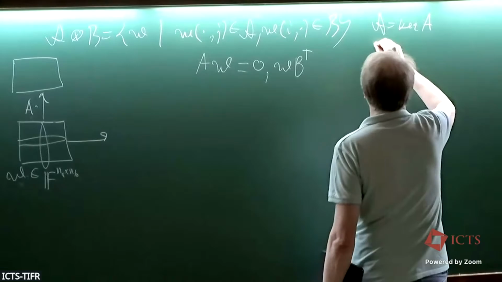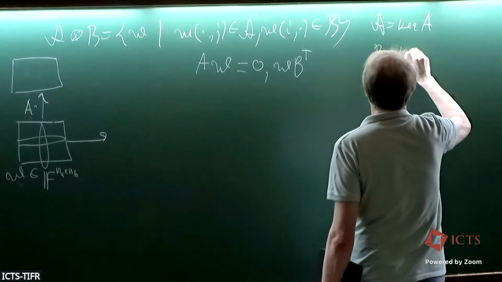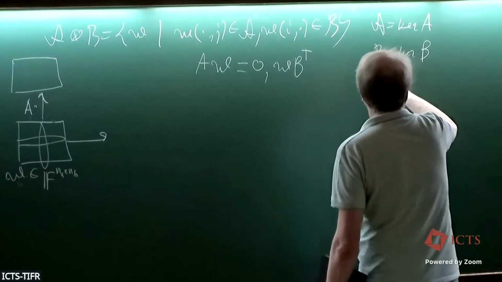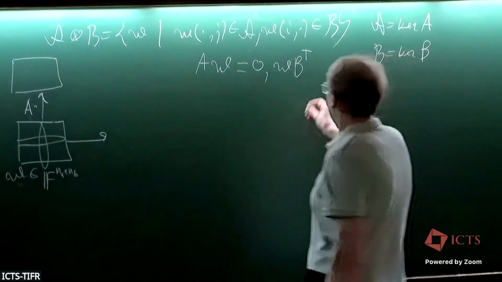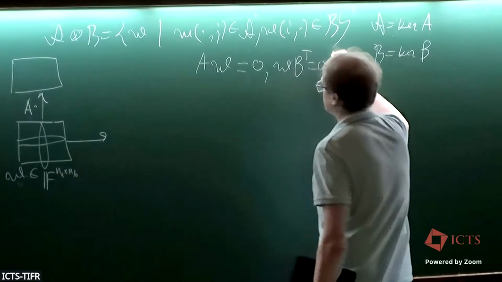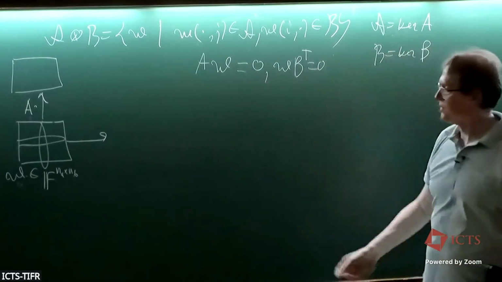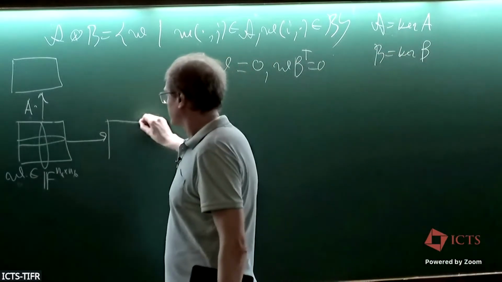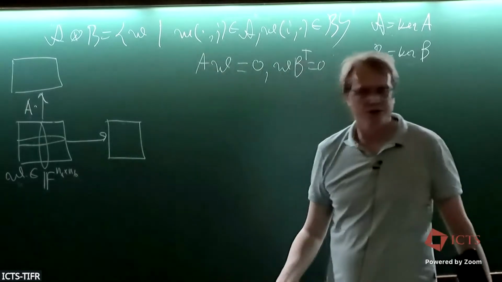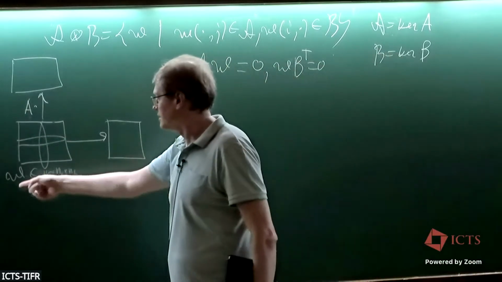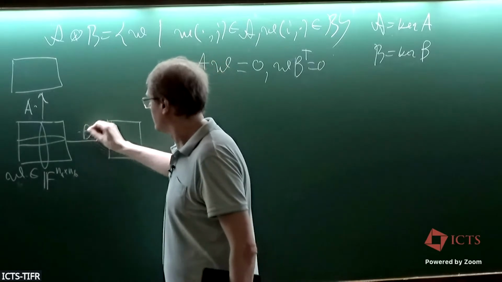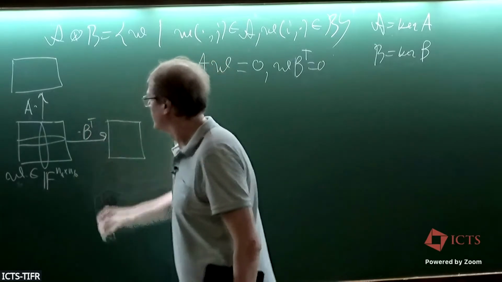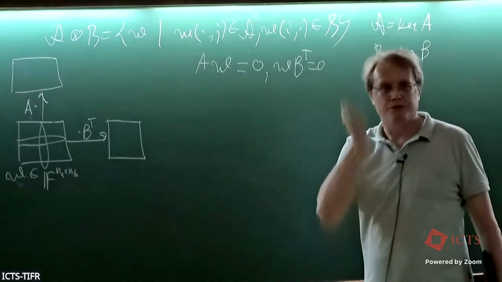let us assume that code A and code B are defined by the corresponding parity check matrices. We apply this linear map and we have another type of syndromes.